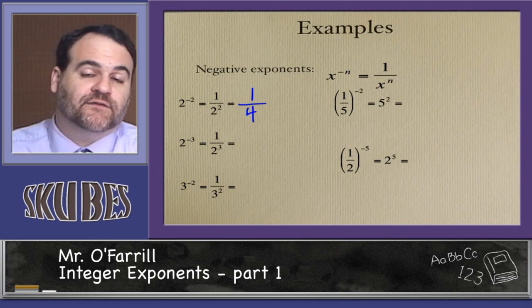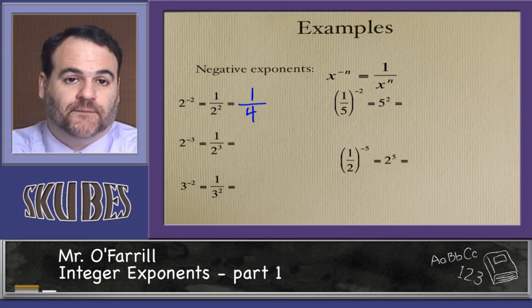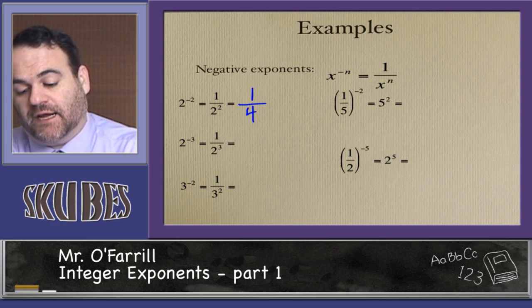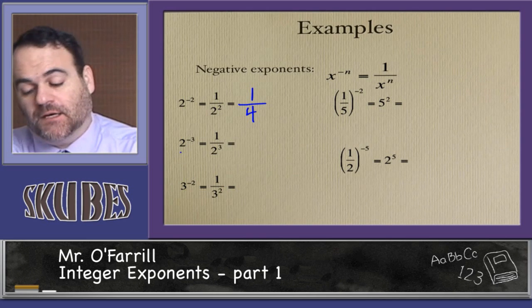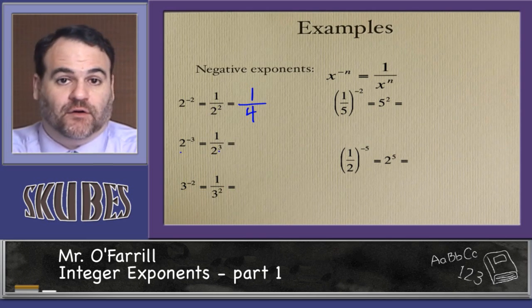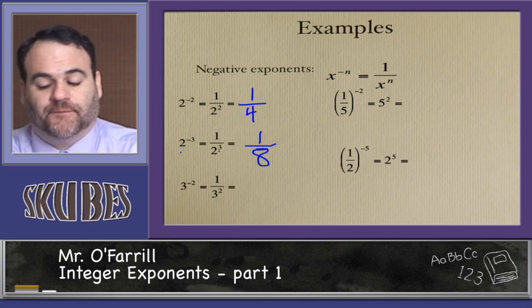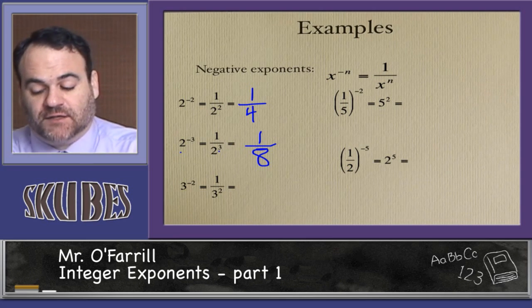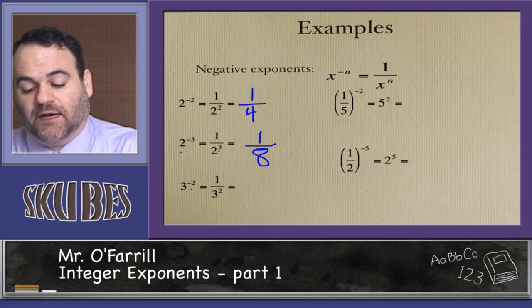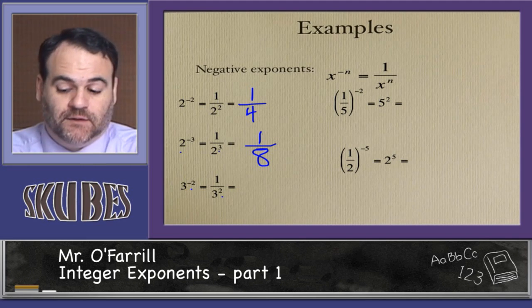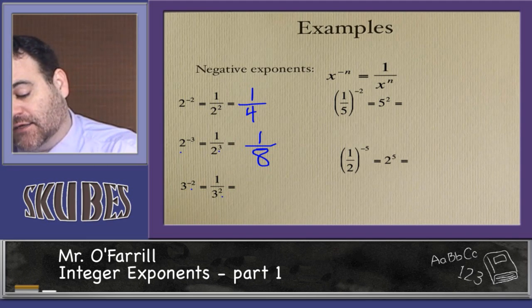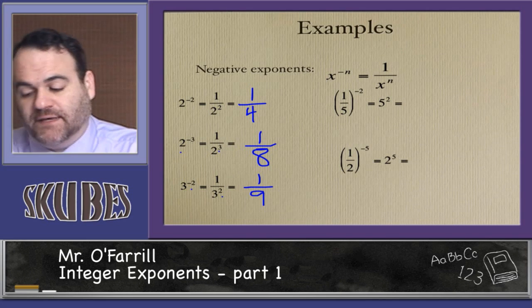So 2 to the negative second power is 1/4. 2 to the negative third is 1 over 2 to the positive third, or 1 over 8. If the exponent is -2 here, it becomes +2 in the denominator. And 3 squared is 9, so the number we have here is 1/9.